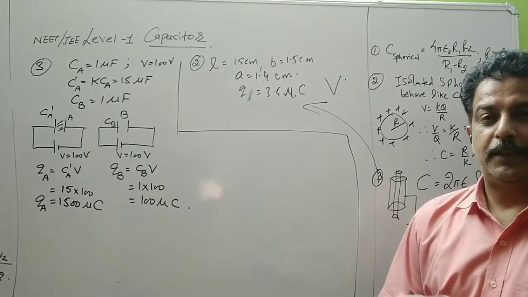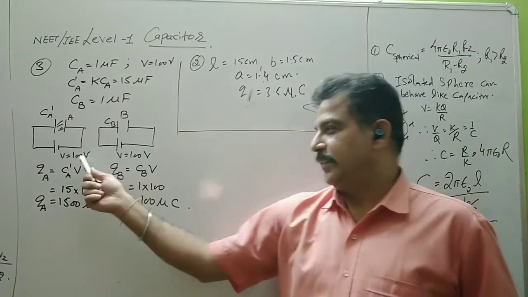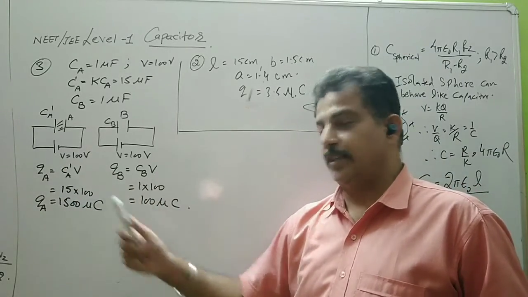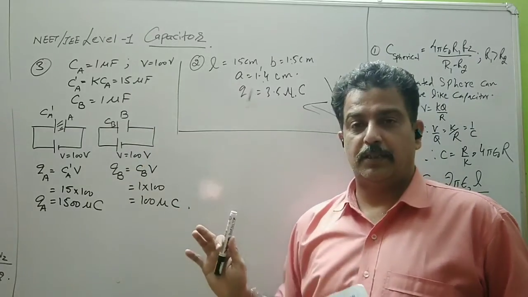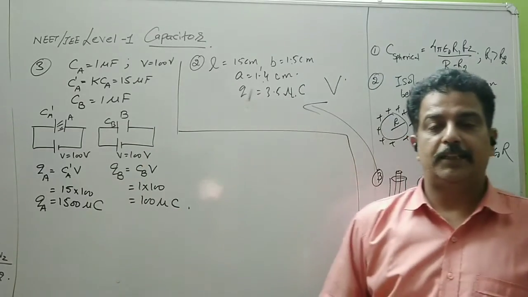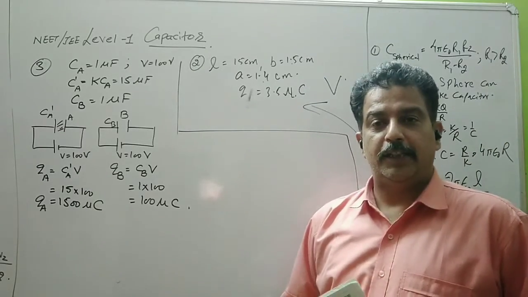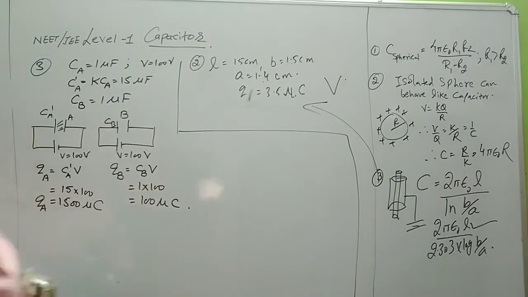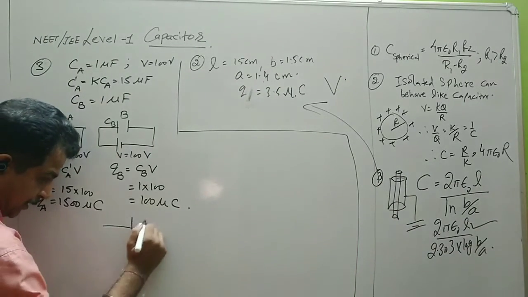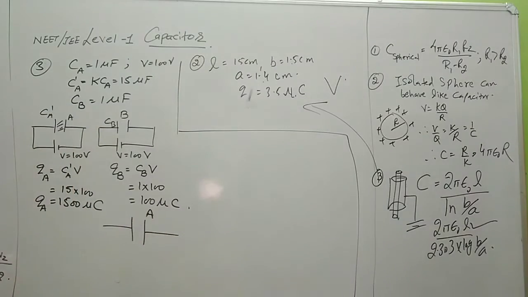Now we know that when the capacitor is charged, total charge deposited is this much on A, and on capacitor B is this much. Charge remains constant. It can neither be created nor destroyed. Now you have to find out the common potential. So this is the capacitor A, but now there is no dielectric.